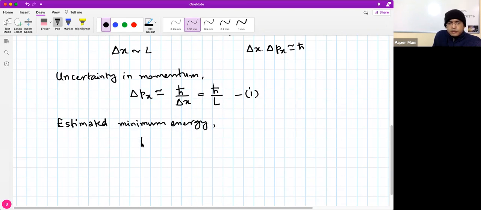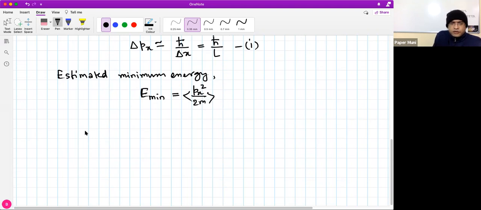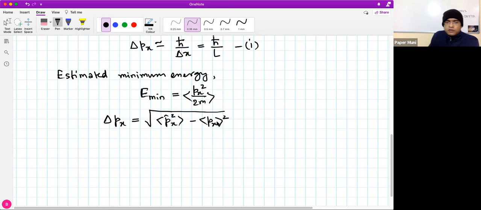Estimated minimum energy. If you write down E min is equal to px square by 2m. Now, if we find out this delta px, so delta px can be written as what? We know from previous lectures that for a given operator, this is the mean of px square minus the mean of px whole square.